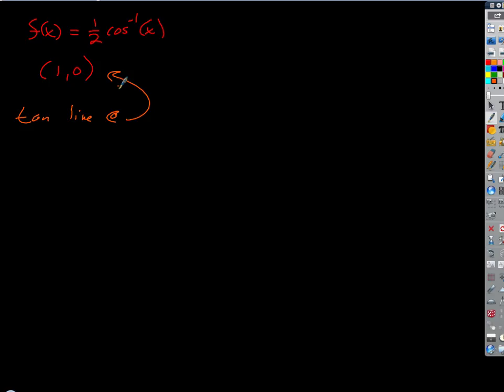But what we're going to do instead is let g of x be the inverse function, which just makes the notation a little simpler.